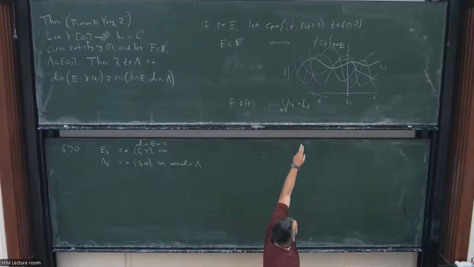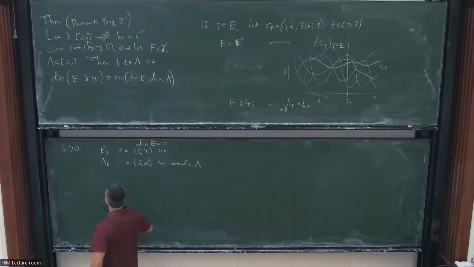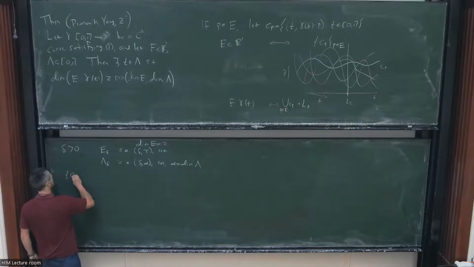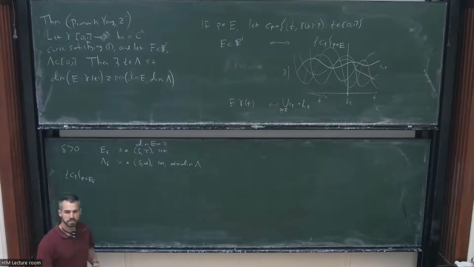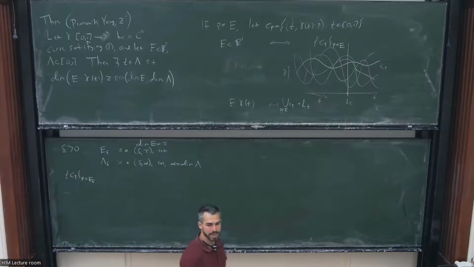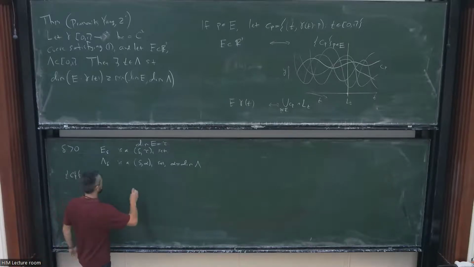I take the collection of curves C sub P, where P ranges over E. Now I can look at these curves C sub P, where P ranges over E delta. So this is now a finite set of curves. But I'm considering this whole problem at scale delta, so I could thicken them by delta. And so I'm going to use this superscript delta to denote their delta neighborhood. And what does this look like?